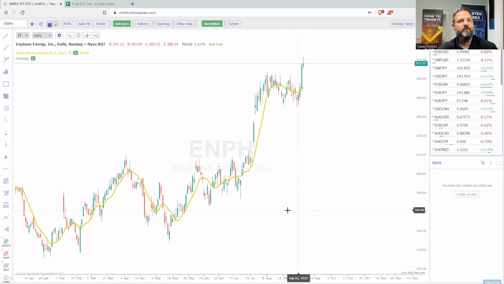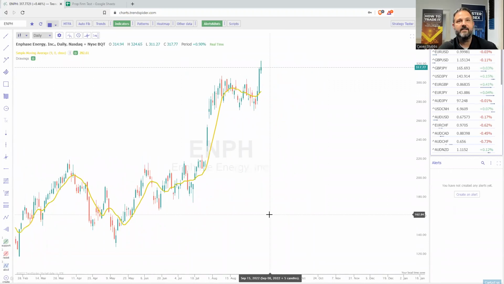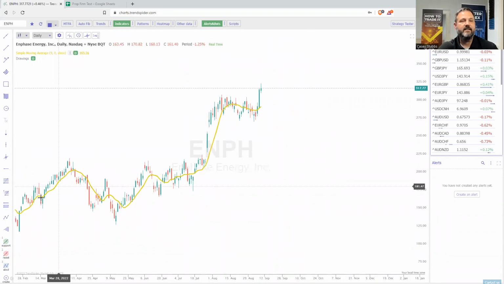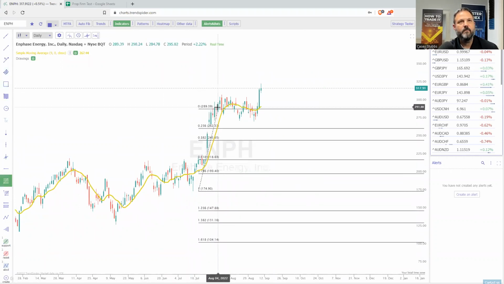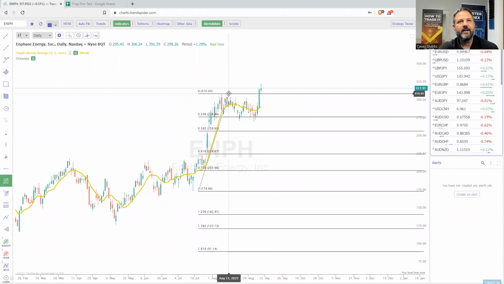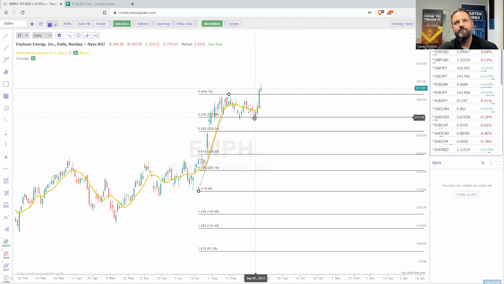But over time, since the beginning of the year, we've been moving up really nicely. You can see the uptrend. And right here, we have a swing low and a swing high. So let's take a look at our fibs on these. Here's the swing low, and here's the swing high. And this one went to the 23, and now we had the move.